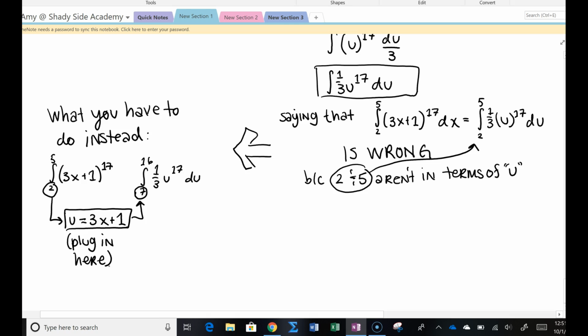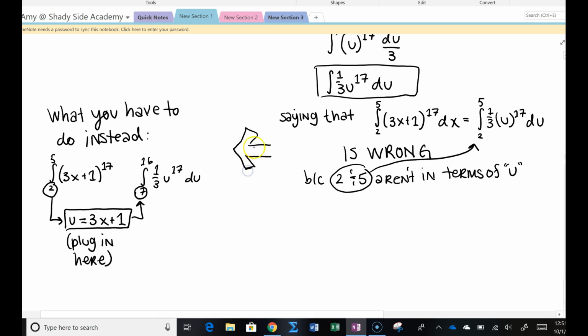Yes, Kate? I feel like I might be wrong about the limits, but wasn't there a way to keep the same limits but manipulate the inside somehow? Oh yes, sure. Some people do this. Watch this step. Here is your alternative.